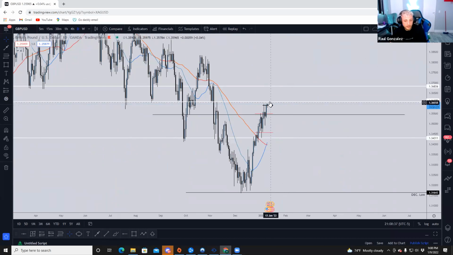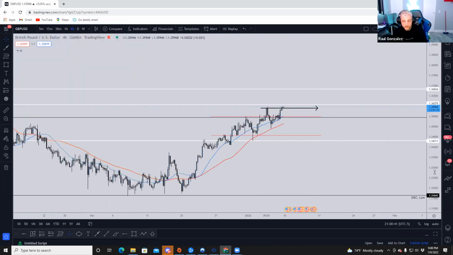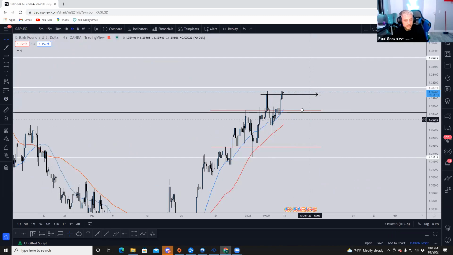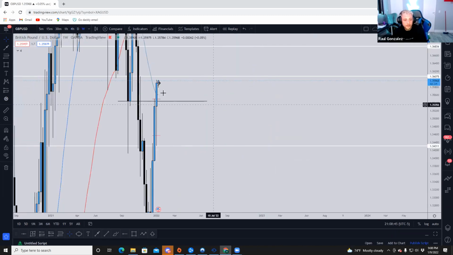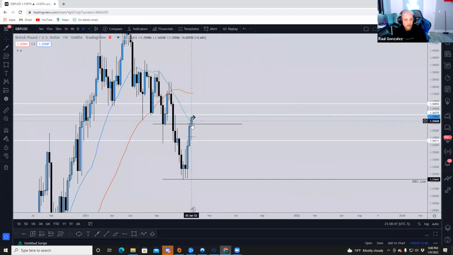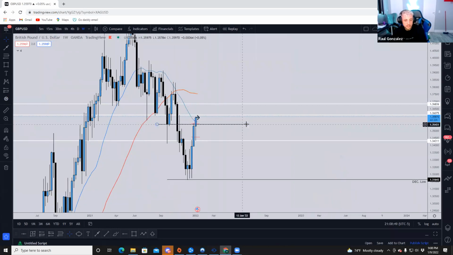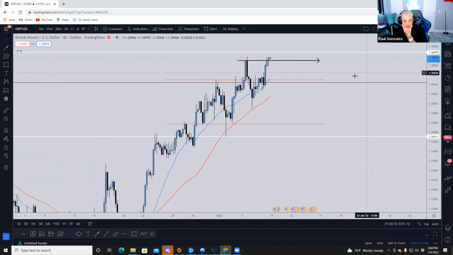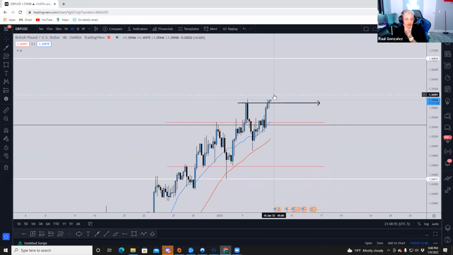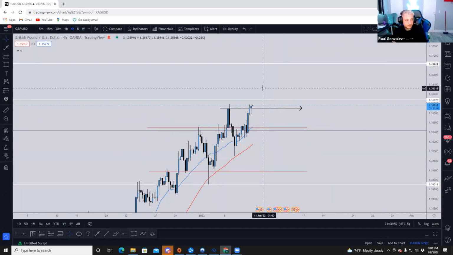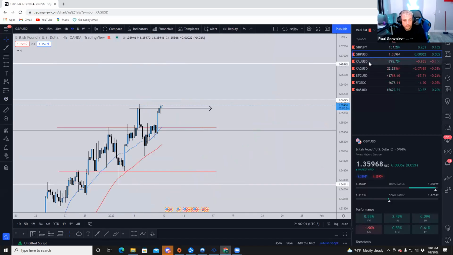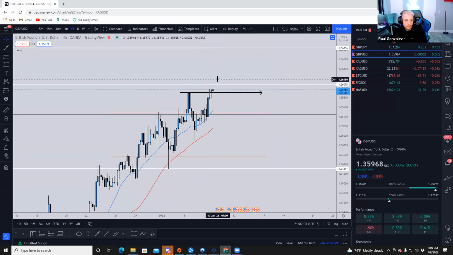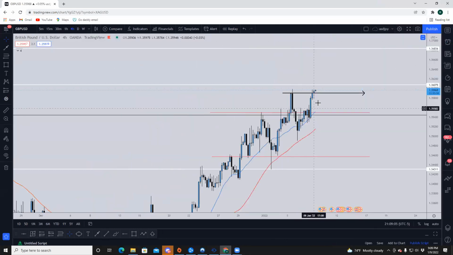I don't typically like buying around resistance, so I'd probably wait for some form of a pullback before looking to actually buy. On the weekly time frame, there's a strong closure above the 21 SMA, so we could see price continue to trade higher. I'm personally going to stay away from GU just because I want to see what it does at this area. So I don't really have a bias for now on GU like I do on gold or on GJ, but bullish volume is very strong right now on GU.